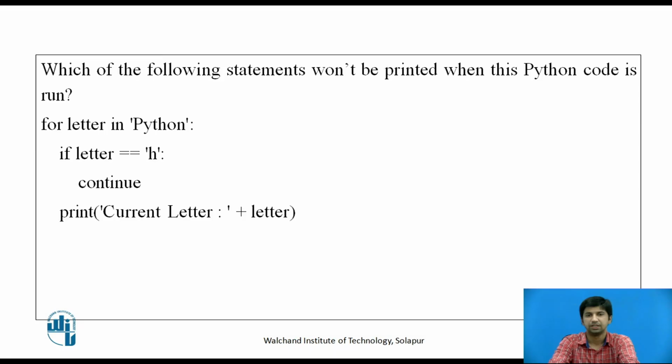Now pause this video for a few seconds and try to answer the following question. Which of the following statements won't be printed when this Python code is run? For letter in Python, if letter equal to h, continue, print current letter plus letter.